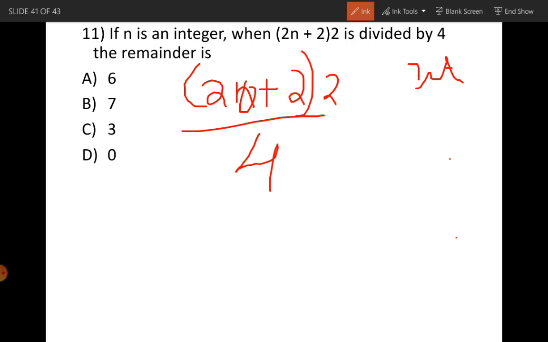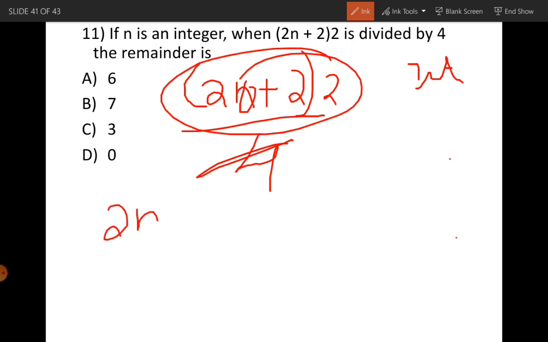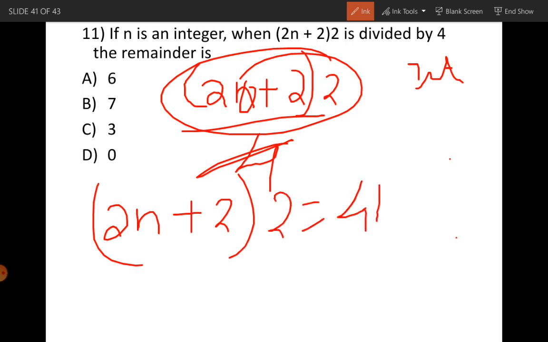If we take an example, but before doing an example, let us just solve 2n plus 2 into 2, which we can write as 4n plus 4.